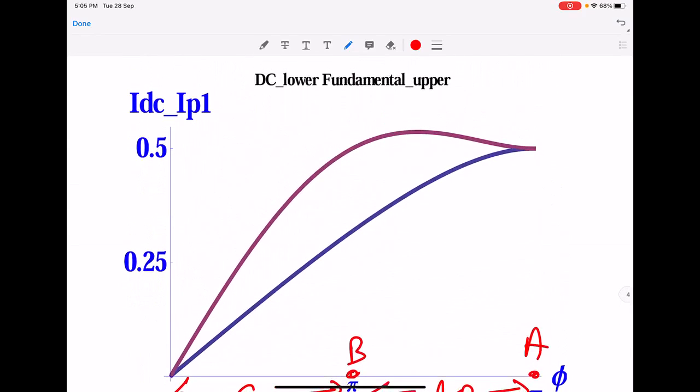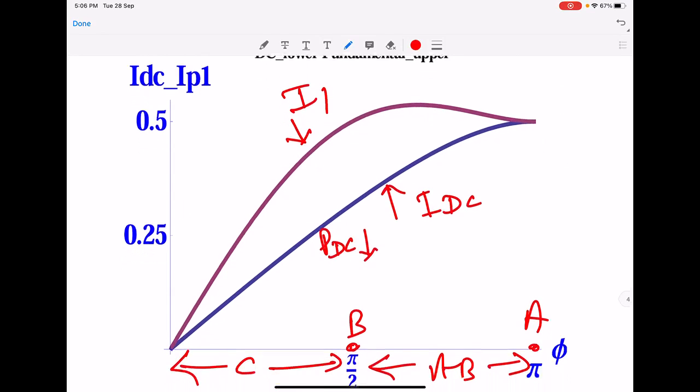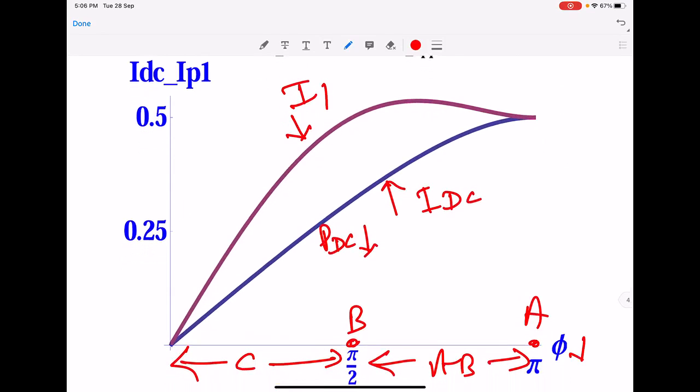So here we have fundamental I1 current, and this is I_DC. Since I_DC decreases, the power consumed obviously decreases. So P_DC goes down because as the phi decreases, this I_DC is coming down, so P_DC is coming down, so efficiency will of course go up. But unfortunately, here we can see that the fundamental is also decreasing. That means P_L will also come down.